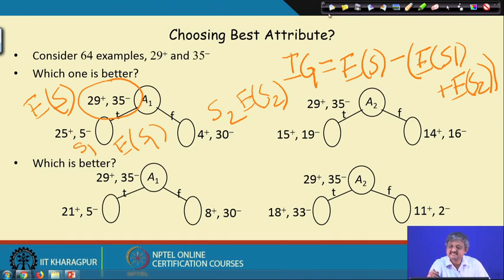Now, what I will say is that my best split among these 4 is the one which leads to highest information gain or maximum reduction in entropy.